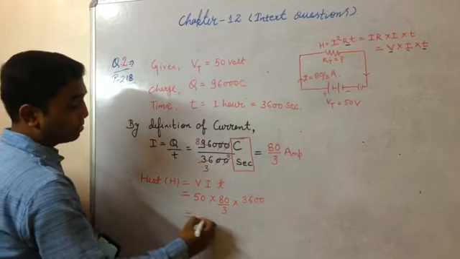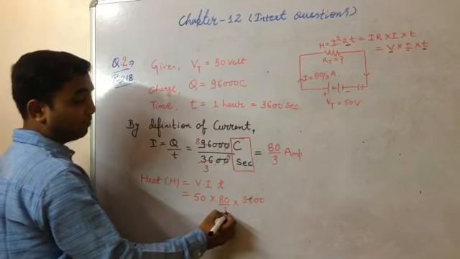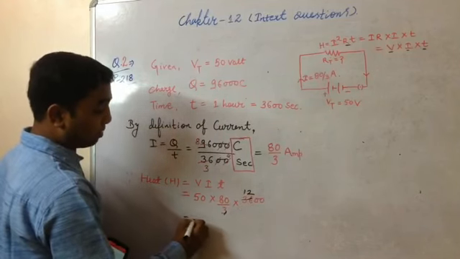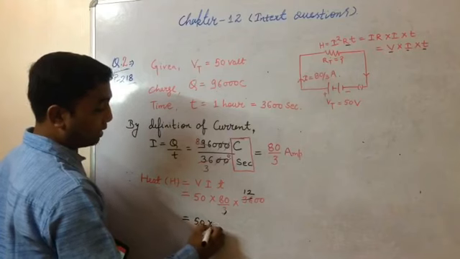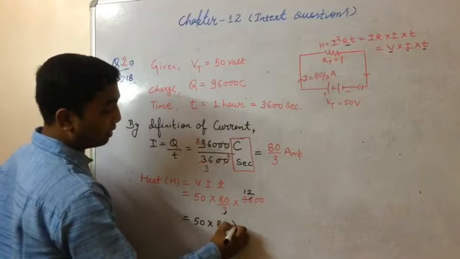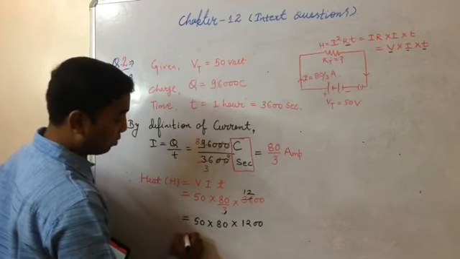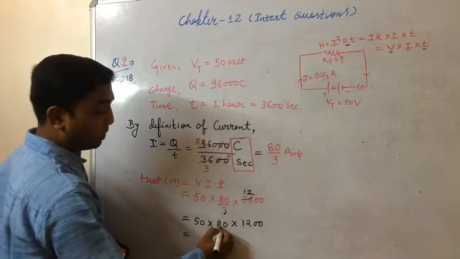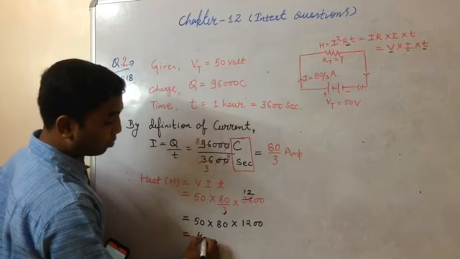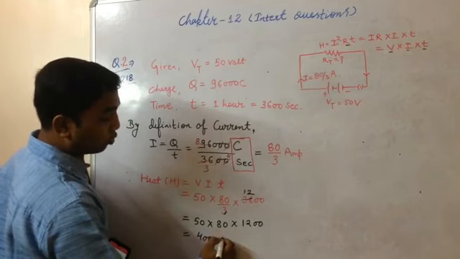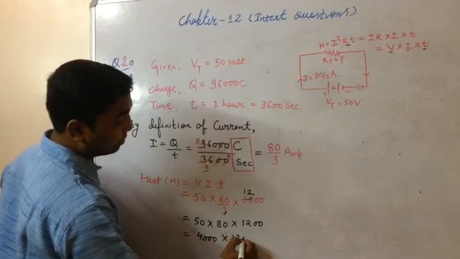Now you can solve this. If we solve this, 3 will cancel this 36, 12 times. So now what would it become? 50 into 80 into 1200. Now you multiply. 50 into 80 would become 4000. 5 eights are 40 and 2 more 0s, and this is 1200.